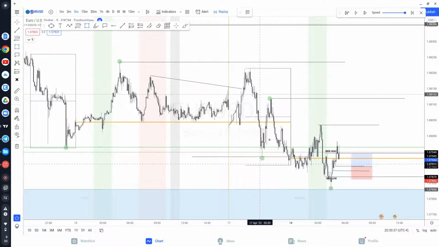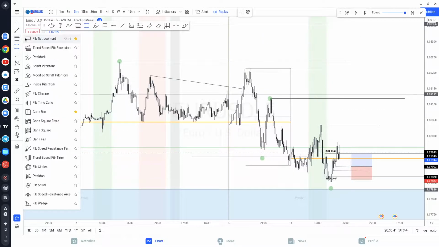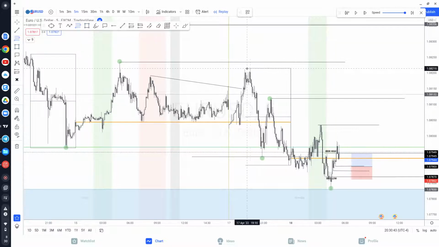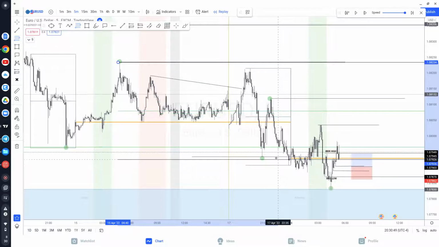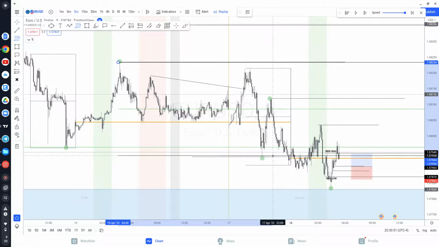Price moves away, liquidity is engineered within the range, and let's measure the range and see where we are. So let's go from here to here.